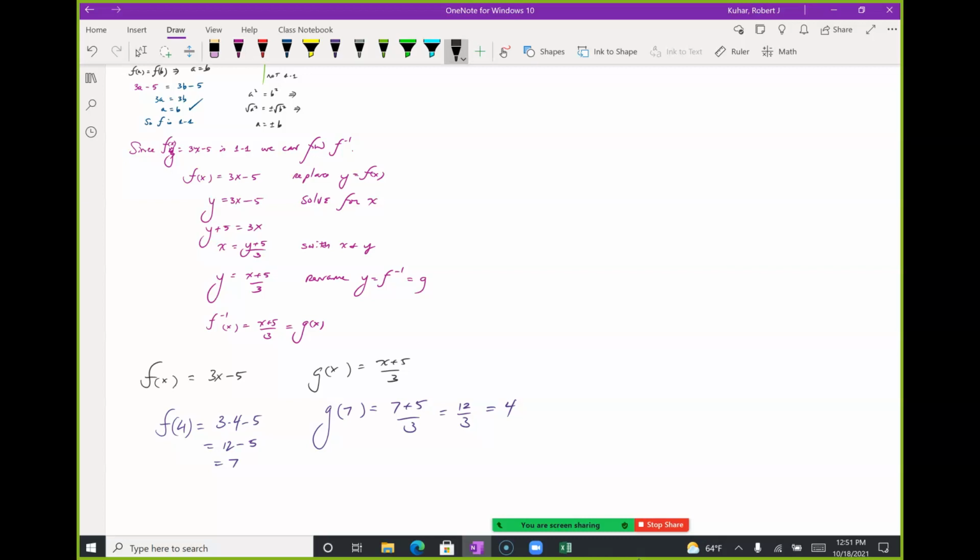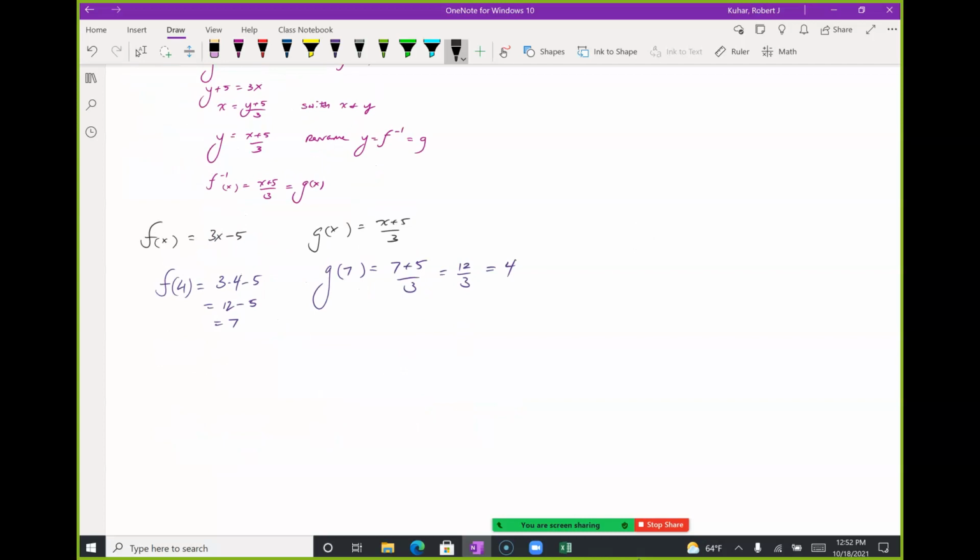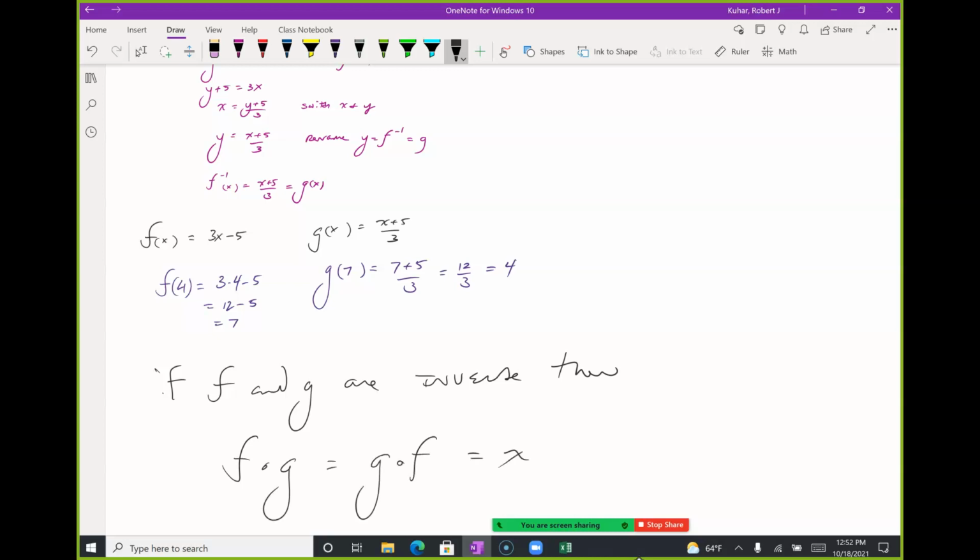Now, the ultimate guide to verifying that you have inverse functions is that you should compose them, right? So here's my little theorem. If f and g are inverse functions, then f composed of g equals g composed of f equals x.